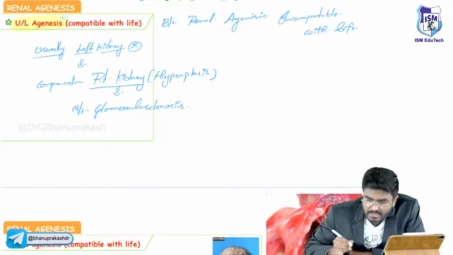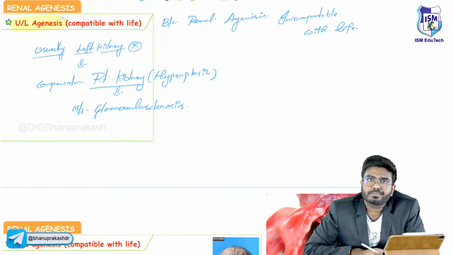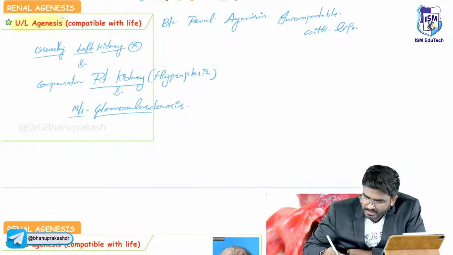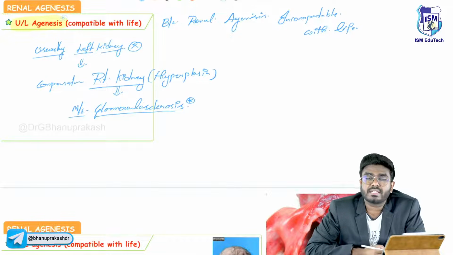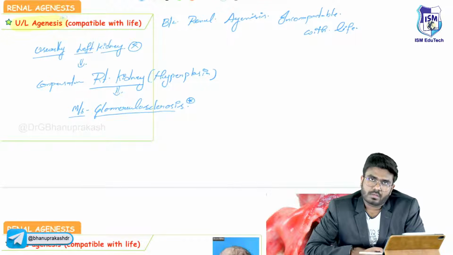This right kidney is at a risk of renal failure, because all the work is done by one kidney. So the right kidney is at a risk of chronic renal failure.